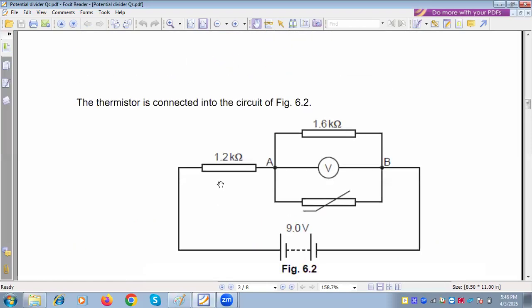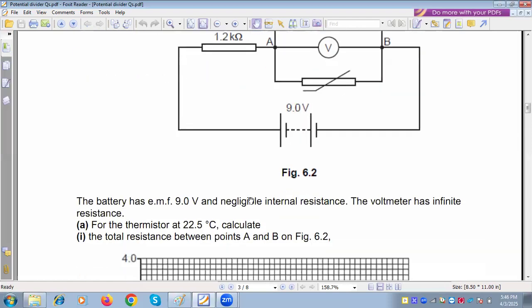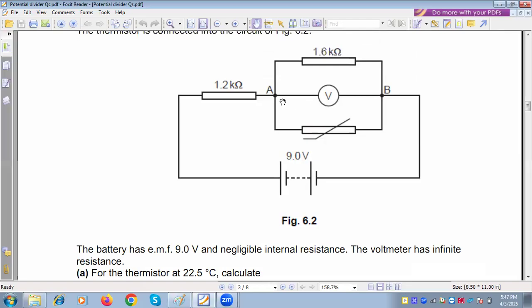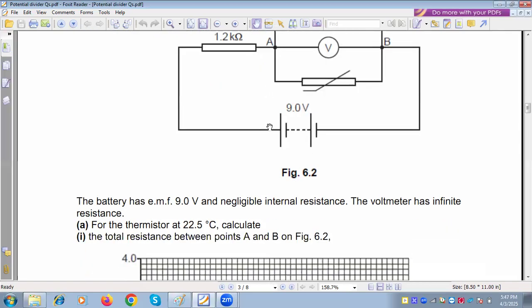The battery is of EMF 9 volt and negligible internal resistance. Again, the previous question also had no internal resistance in the battery. It means no lost volt. The voltmeter has infinite resistance. When a voltmeter has infinite resistance it means no current will pass through the voltmeter. It will measure the potential difference between the points A and B. It will not draw any current, or the current which it will draw will be ignorable.